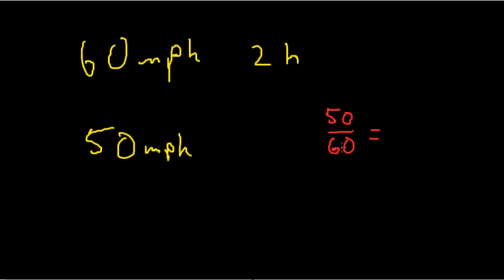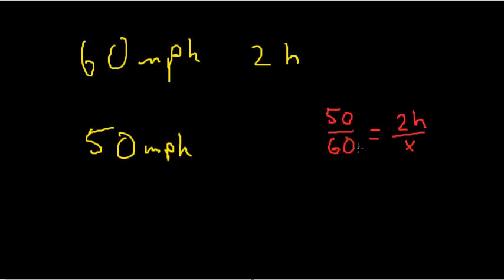And the difference here with direct proportion is that my measurements that go together are going to be diagonal from each other. So for example, that's 60 miles per hour for 2 hours. The 2 hours will go diagonal from it. And that unknown time will go diagonal from the speed I was going, 50 miles per hour. This is my inverse proportion. Again, inverse because this second ratio has been flipped from what it would have been with a direct proportion.